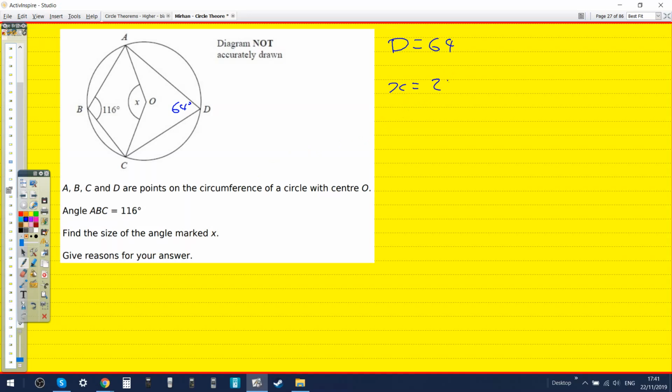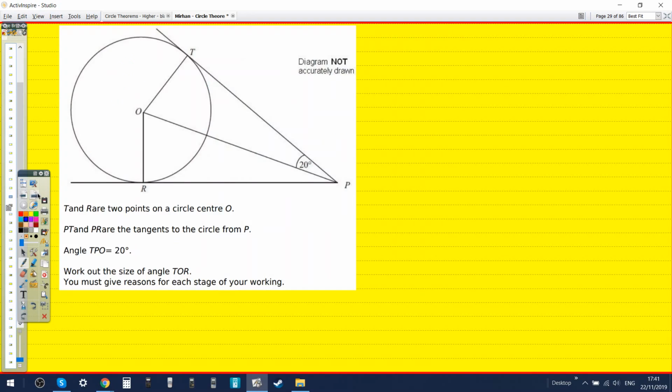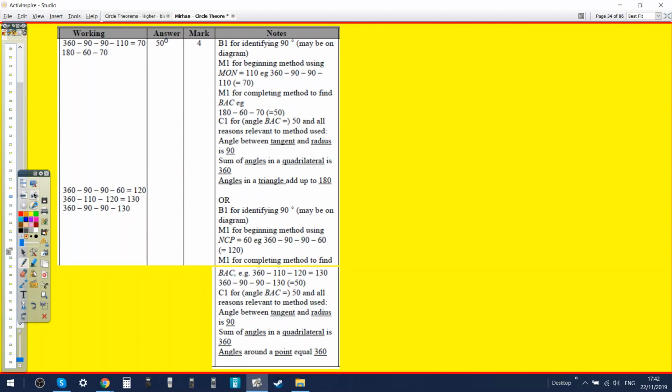Yeah. Which is 128. 128 degrees. There we go. Let's see. Find the size of angle A, D, B. Okay, so we've done those.